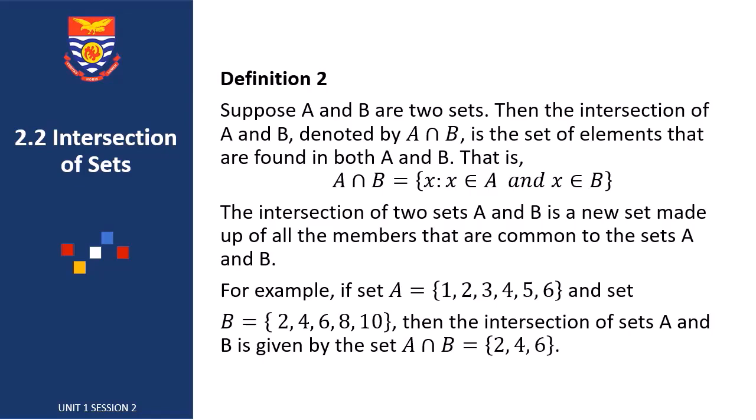And so these three elements are the ones that you can find in A and at the same time find in B.